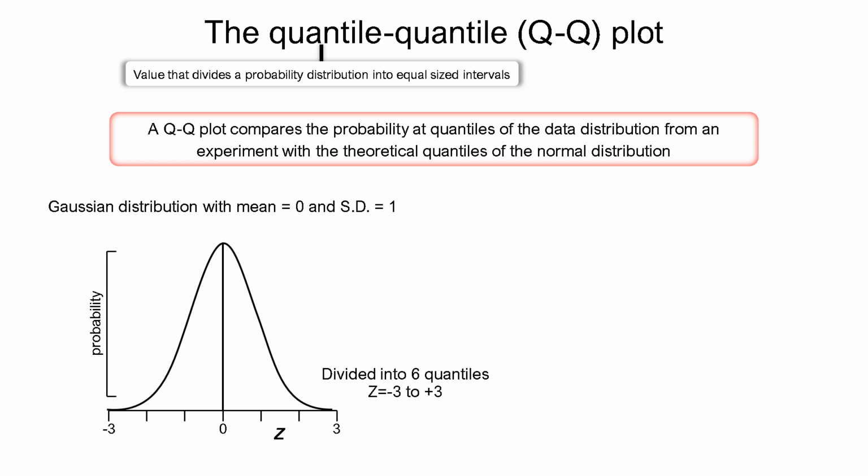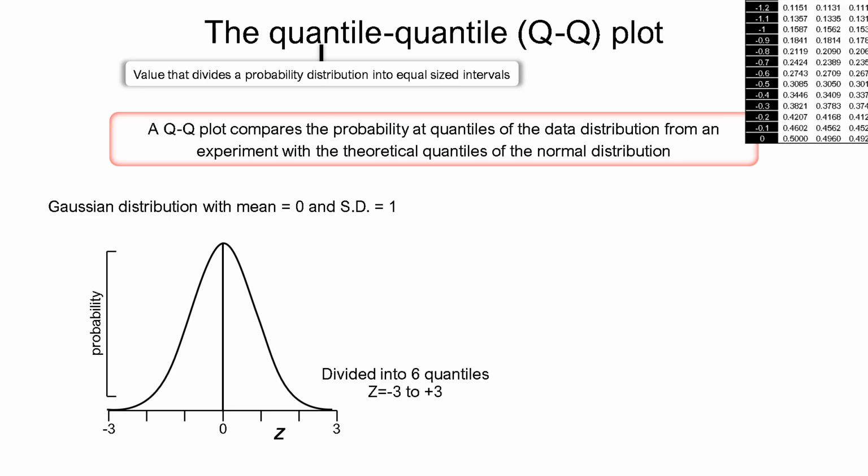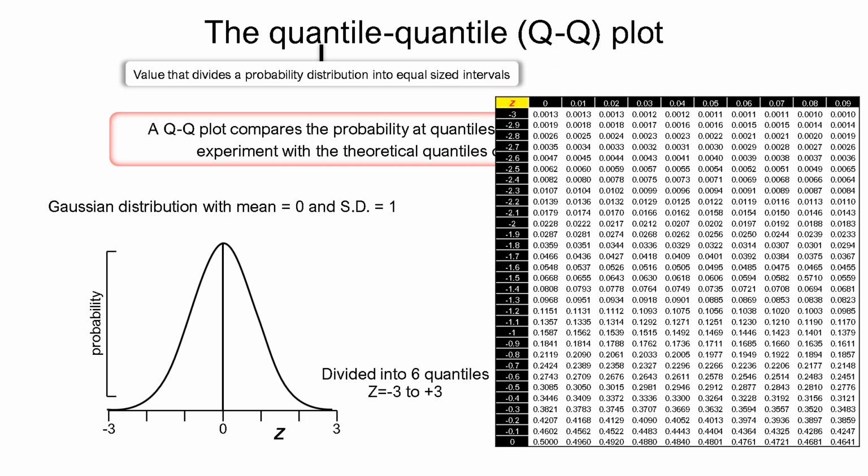The cumulative probability of a value being less than or equal to the z-score has been worked out for the distribution and published in a standard reference table. It is known as the Standard Normal Probability Distribution Table. This section of the table covers the first half of the curve from a z-score of -3 to 0.